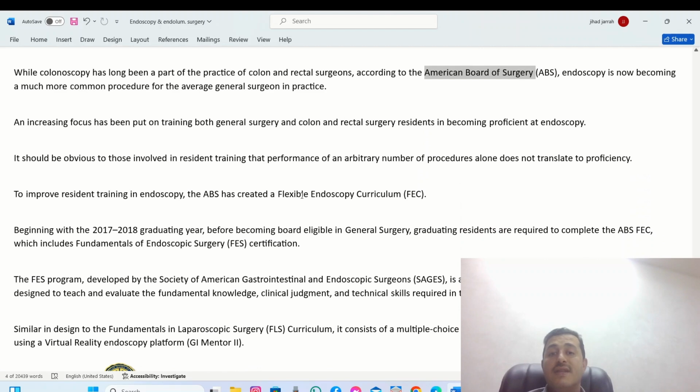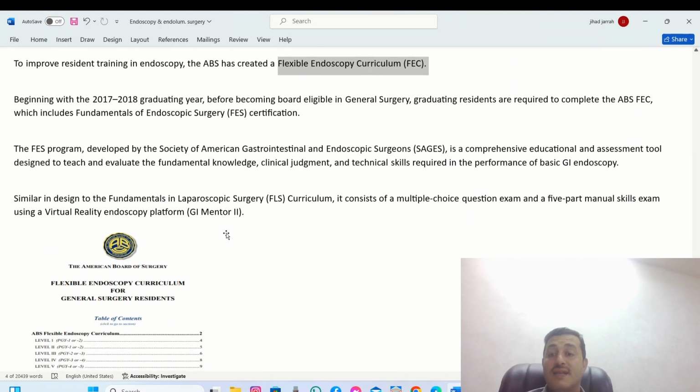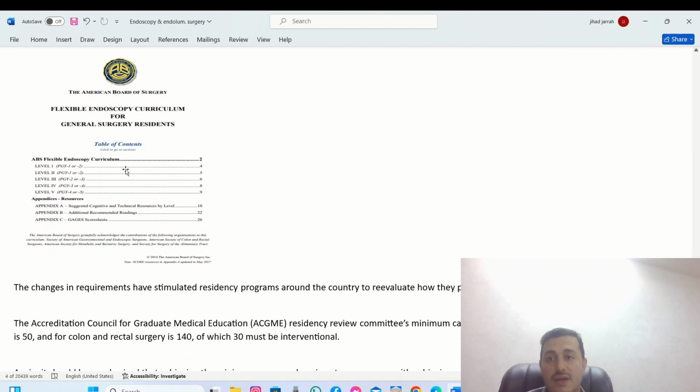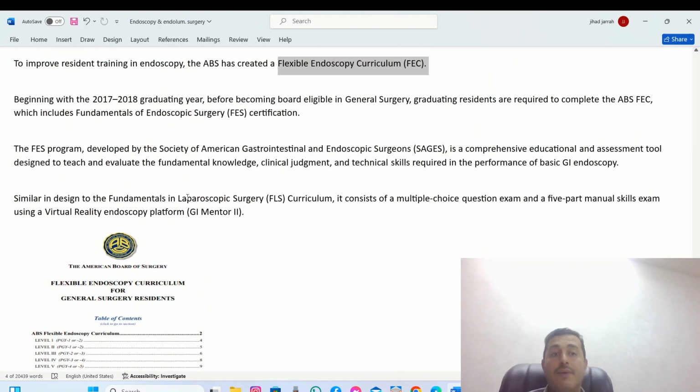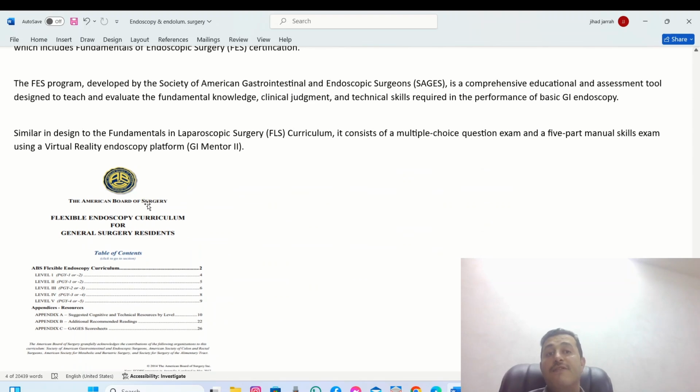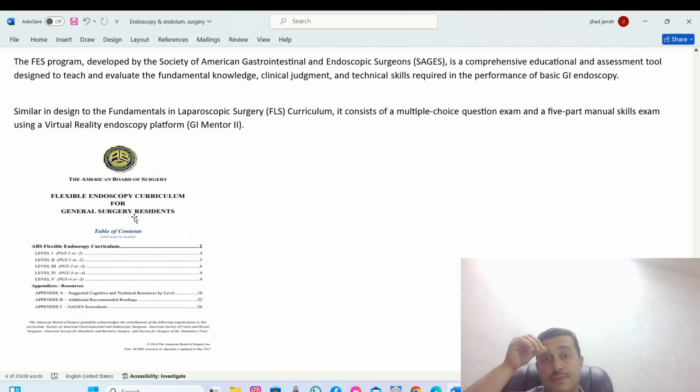And there is a flexible endoscopy curriculum. I understand it as a logbook that the resident should complete before finishing the residency program, and he should be familiar with basic GI endoscopy.